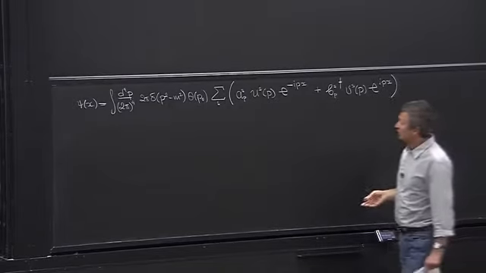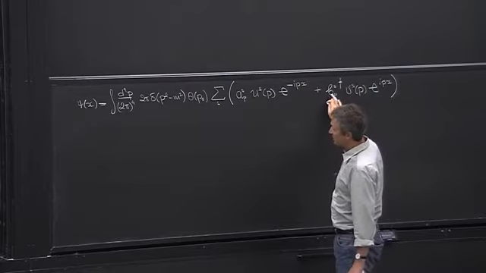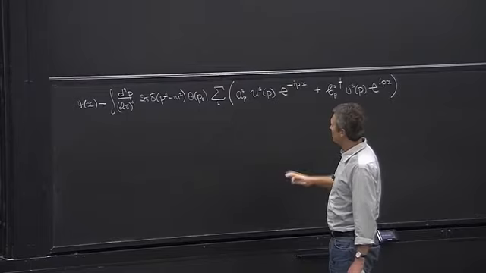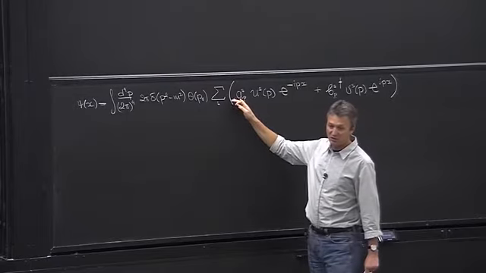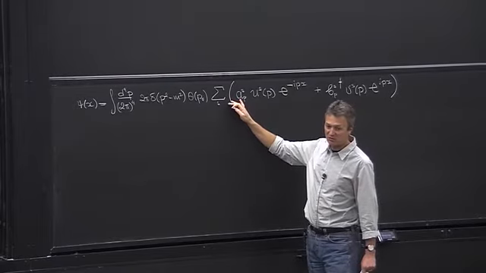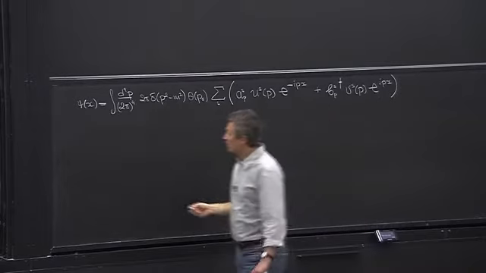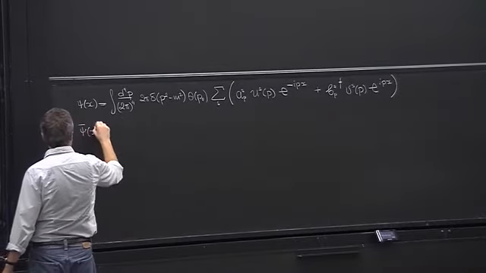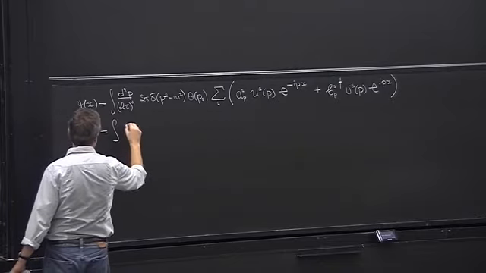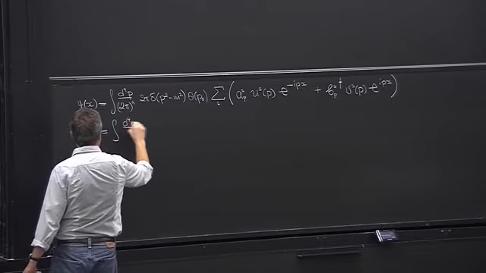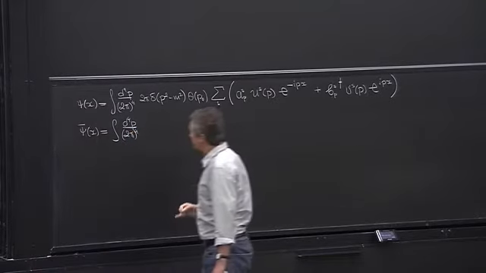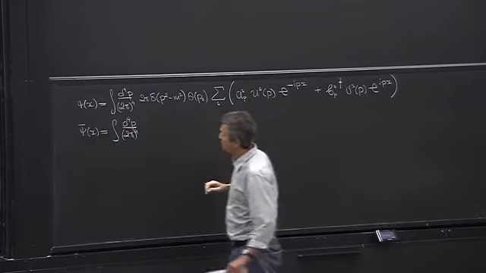The creation operator that appears in the field operator is not conjugate to the annihilation operator of the particle. So their conjugates appear in the expansion of the conjugate field. Well, of course, this formula is just a consequence of that one.